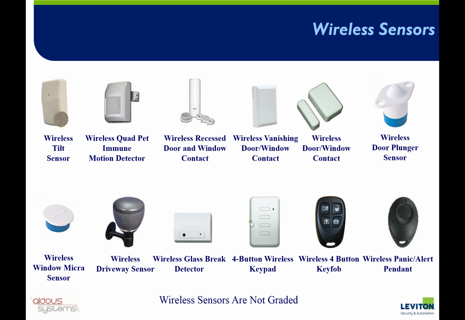The next one is a little 4-button keypad. You might use this where you have perhaps forgotten a keypad, or maybe in a garage you want to be able to open a garage door, or perhaps want to turn some lights on from a location where you haven't got a keypad. Then you could fit this. It's flat, it's flush.